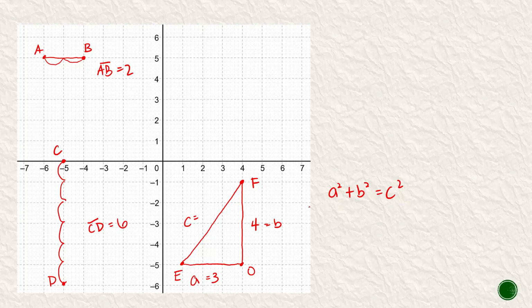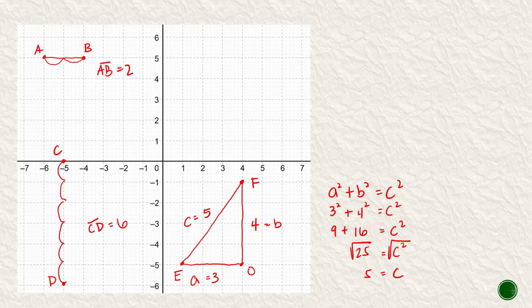So a is 3, this means 3 squared. b is 4, that means 4 squared, so c squared. 3 squared is 9, 4 squared is 16. 16 plus 9 is equal to 25, so this is c squared. So the square root of 25 is equal to 5. So there you go.